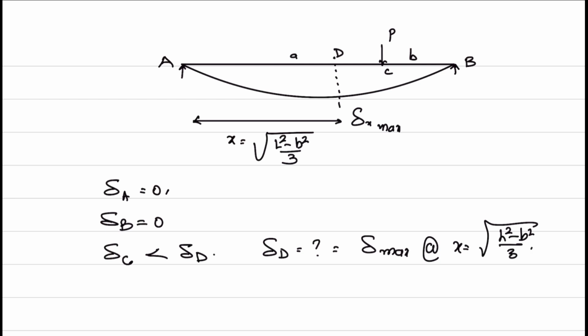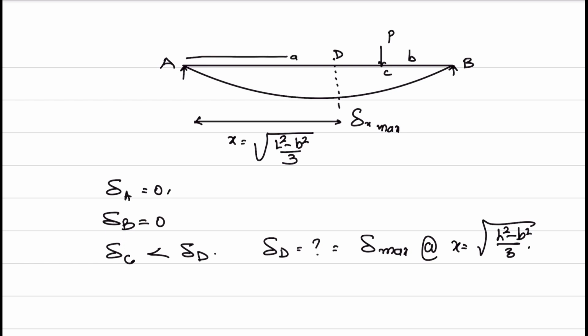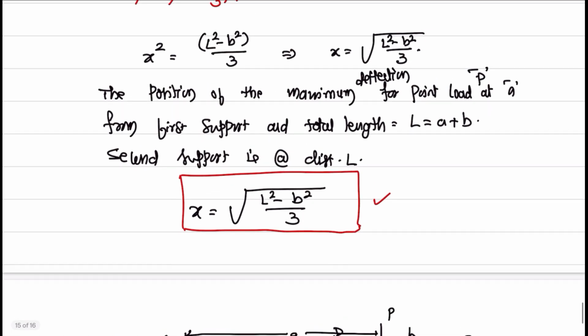Now I got the position of the load. Then I can put that value in, because it is in the left segment, the segment between 0 to A. This distance is A, 0 to A. I have to use the first equation. What is the first equation?